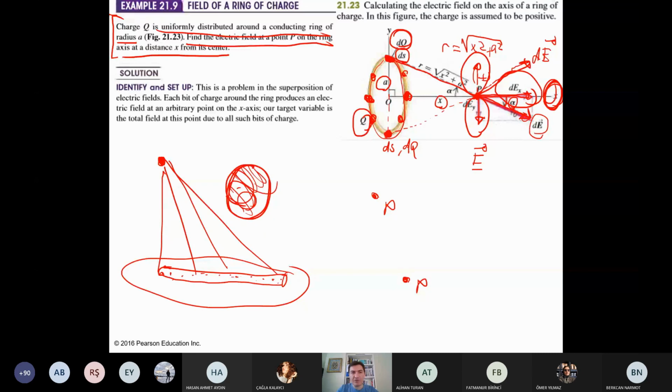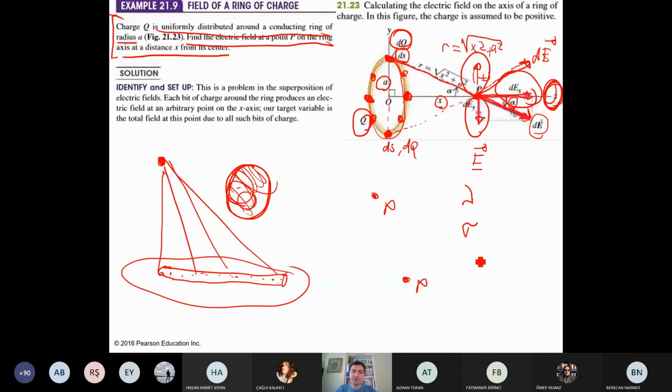But in this type of calculation, charge density information, which I have given here, is very useful. So if you have a thin, long rod, you have to use lambda, linear charge density. If you have a thin metal or plastic charge sheet, you have to use sigma, surface charge density. And if you have a volume charge, then you can use rho, volume charge density.